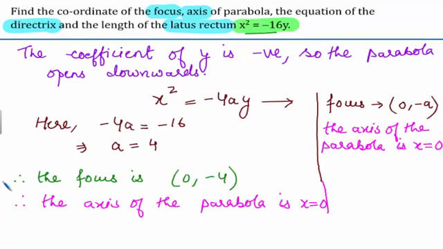Now, the equation of the directrix is given by y is equal to a for this general form of a parabola.